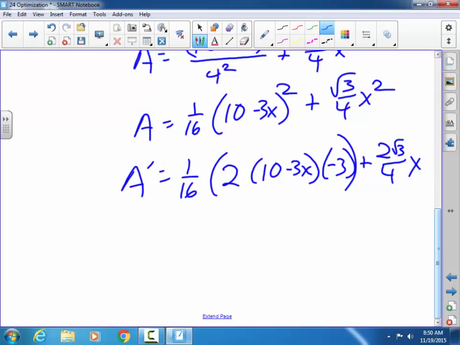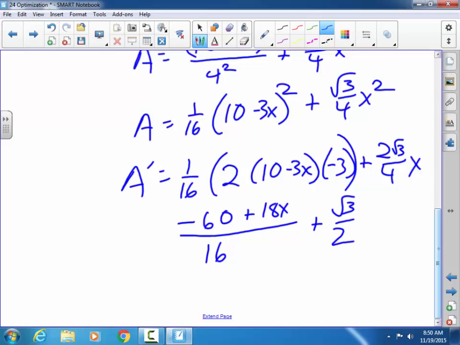We get negative 6 times 10 plus 18x over 16 plus root 3 over 2 plus root 3 x over 2. All of that equals 0.